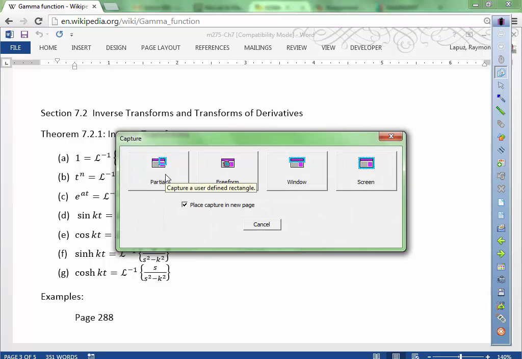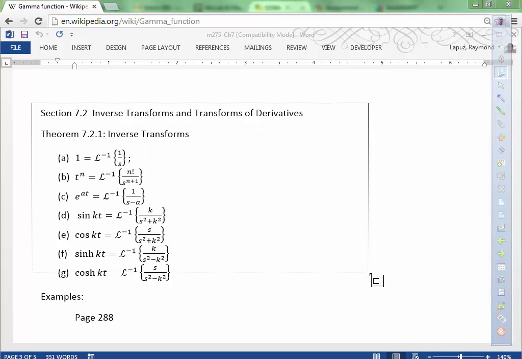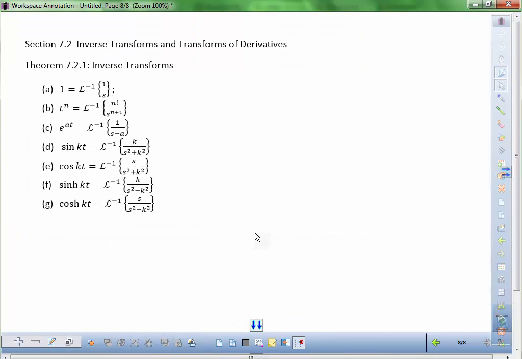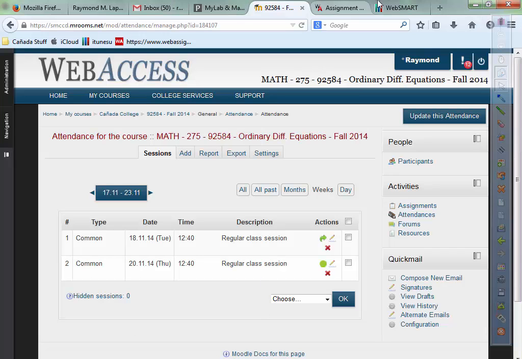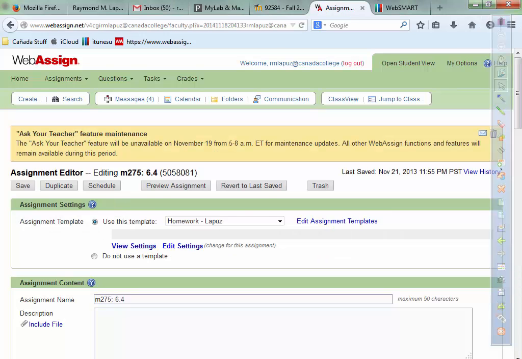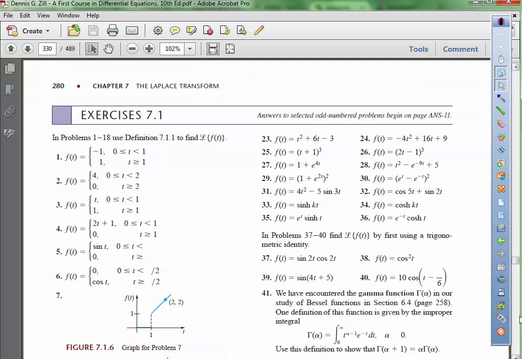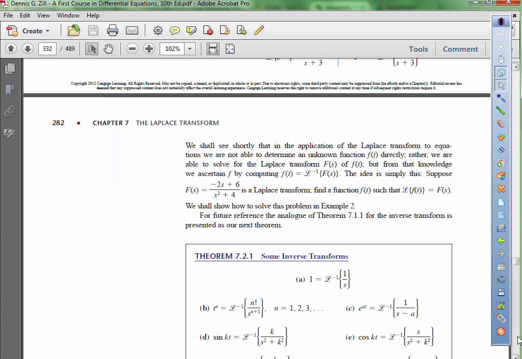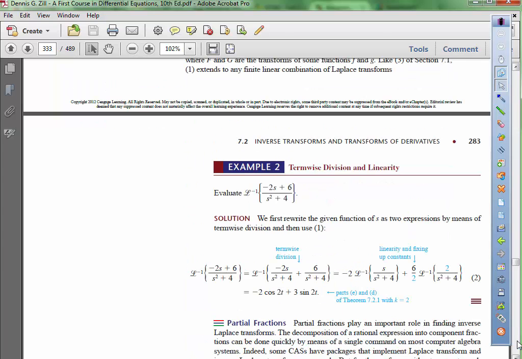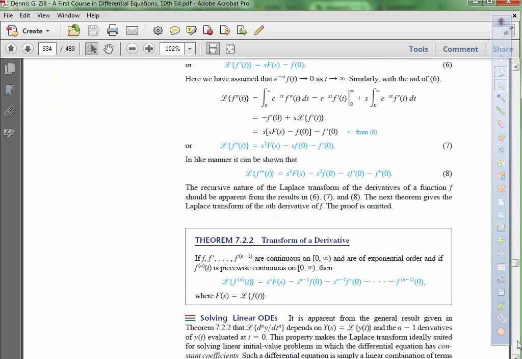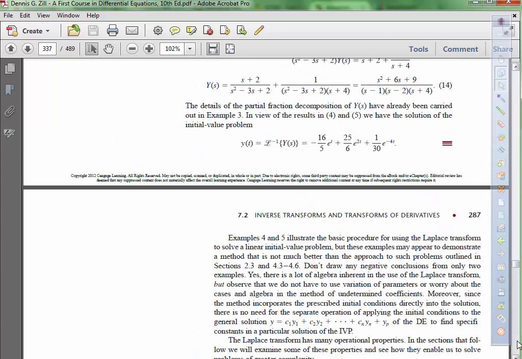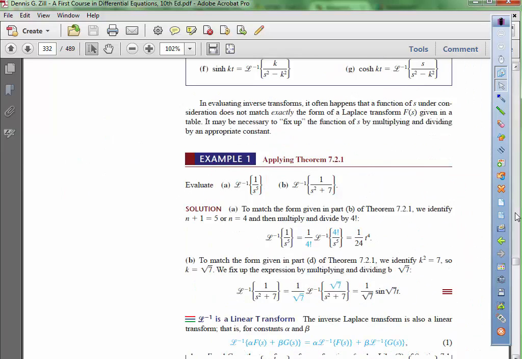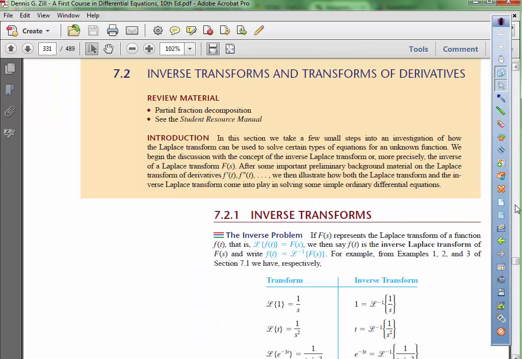I didn't write the formula down. I should have started off with a formula. Let me see if I can find the formula real quick. I have the book open. Doesn't say in the book. You just have to do another integral to go back.